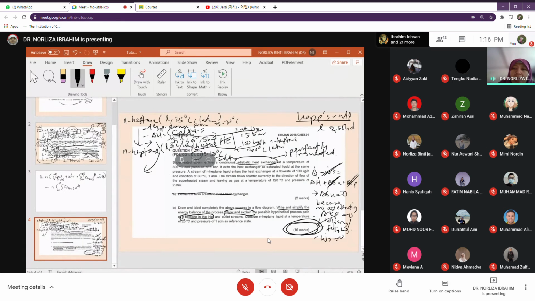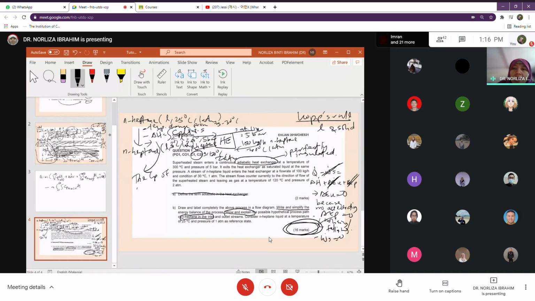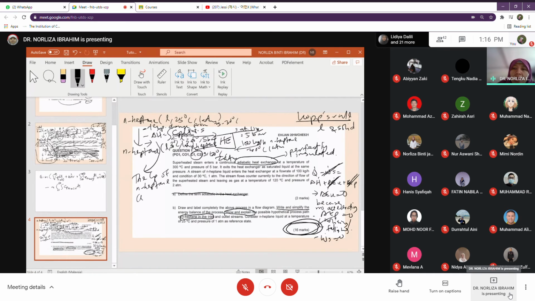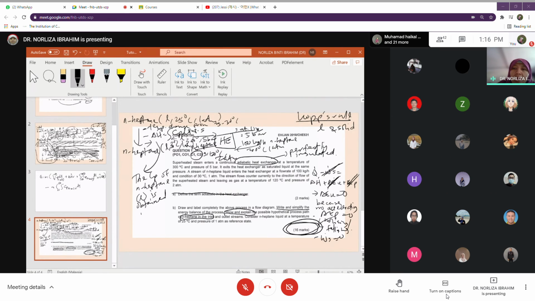So the third point you mention: the Cp of N-heptane liquid is obtained using Kopp's rule. No need to do any calculation. Just say that it can be obtained using Kopp's rule.